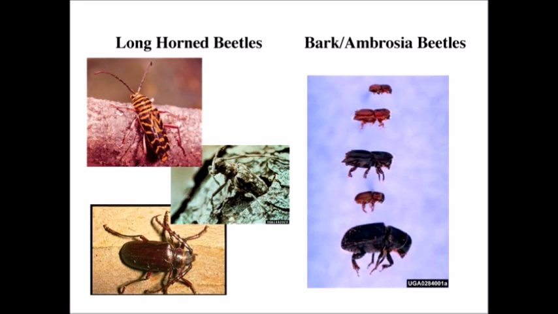First is the long-horned beetles, and they have long antennae that look like horns, consequently the long-horned beetle. And then we have a bunch of bark beetles and ambrosia beetles, and these tend to be little tiny groups of beetles that feed underneath the bark and oftentimes will cultivate fungi and spread diseases and create all sorts of problems.